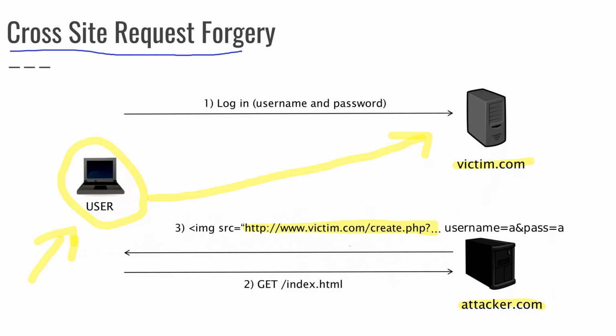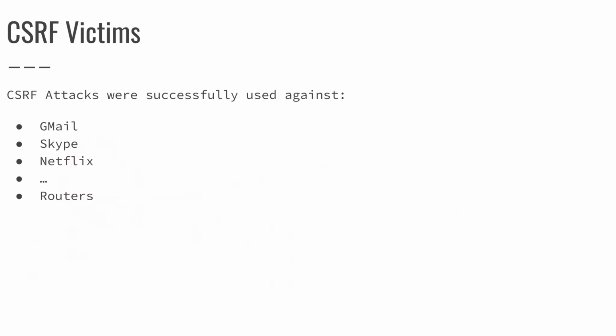So does this happen in reality? Yes, unfortunately it has happened a lot, especially in the past. CSRF attacks were successfully used, for example, against Gmail. For a while you could steal the address book of a Gmail user via CSRF. You could steal Skype credits, and you could, as I remember, see what a user on Netflix has watched.